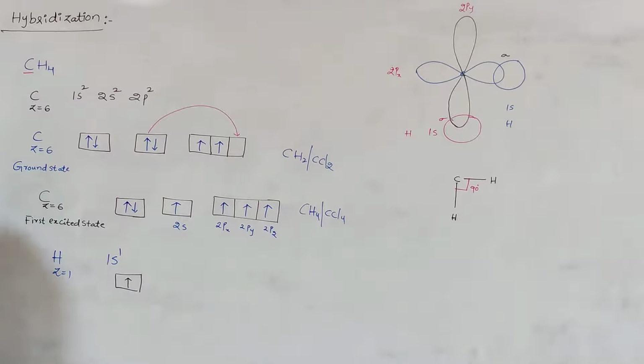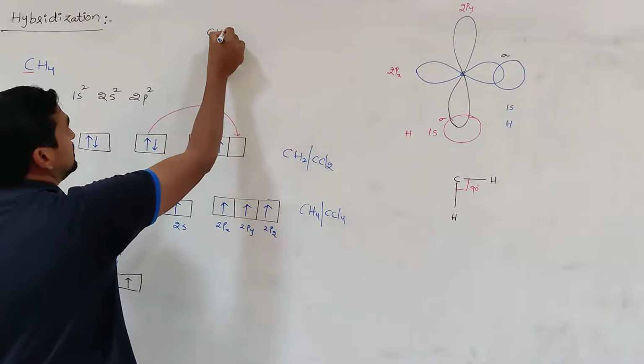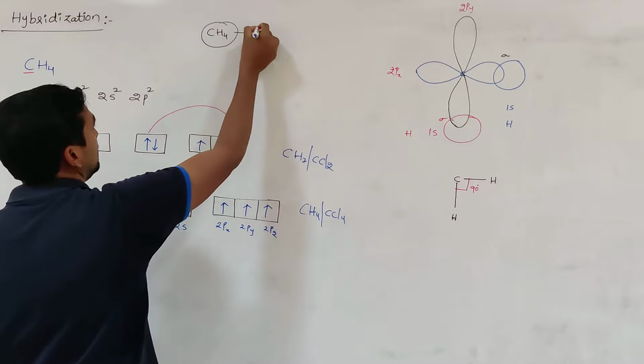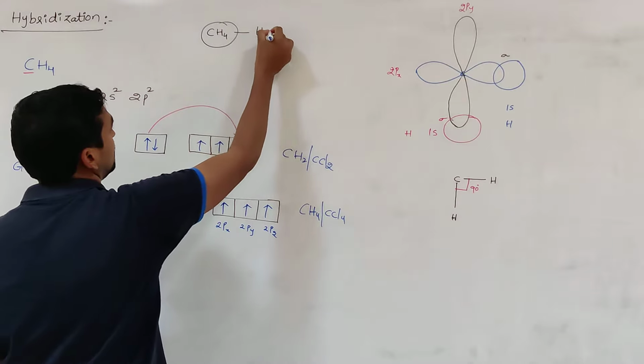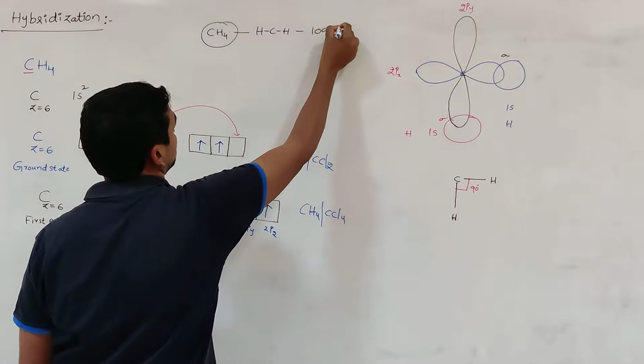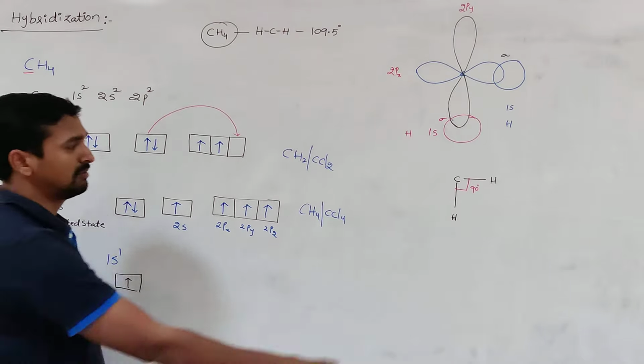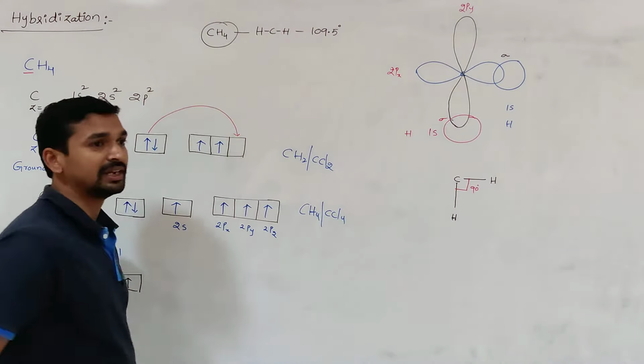But in reality, experimentally, what is the bond angle in the CH4 molecule? Because you have already learned in the valence shell electron pair repulsion theory that the HCH bond angle is 109.5 degrees. But according to the concept of overlapping of atomic orbitals, what is the bond angle? 90 degrees.